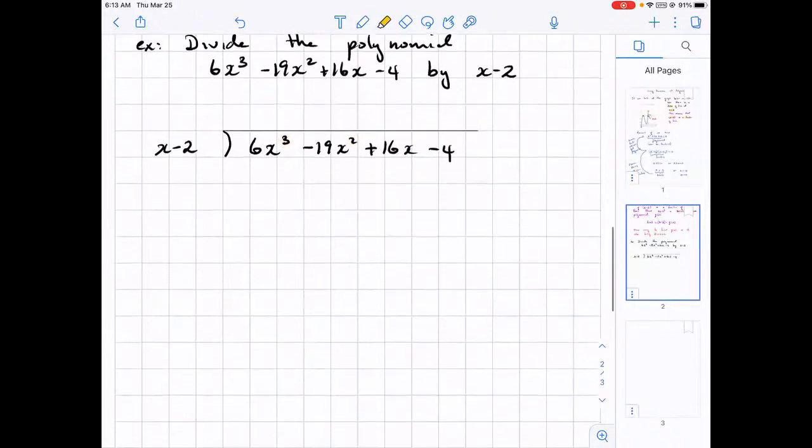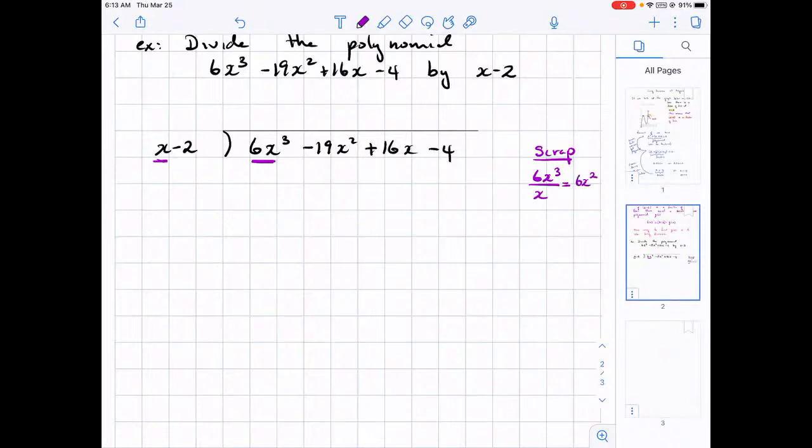Now, the first thing we're going to do, as usual, is some scrap work. We take the first term from the dividend and the first term from the divisor. So 6x cubed divided by x gives us 6x squared.